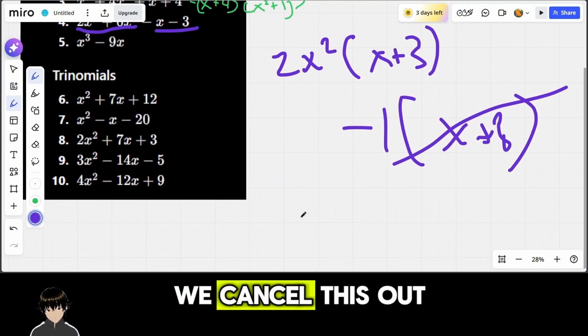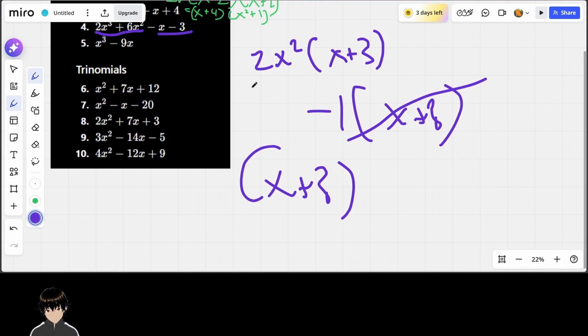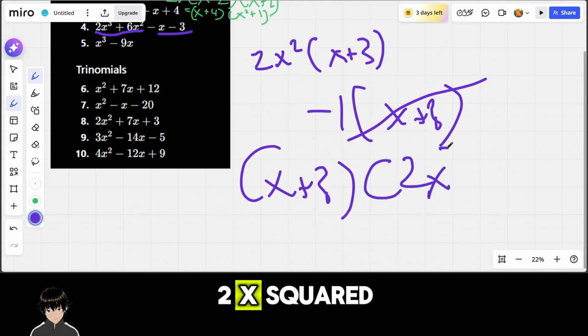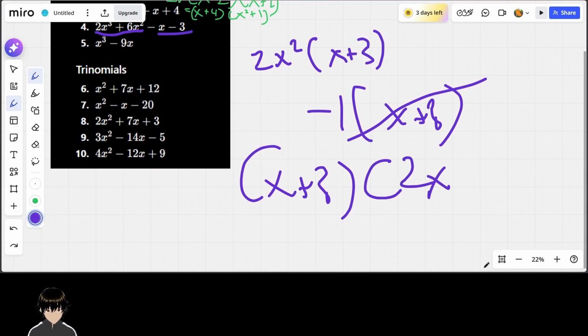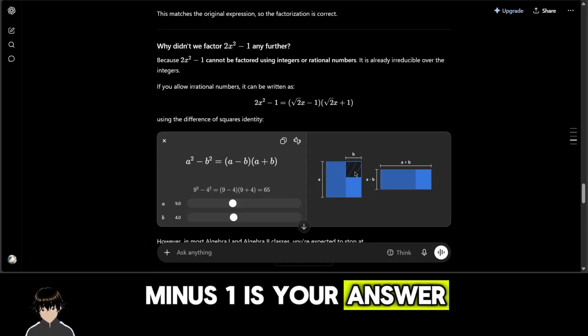So we cancel this out. So we have x plus 3. Then 2x squared minus 1. This is the answer.